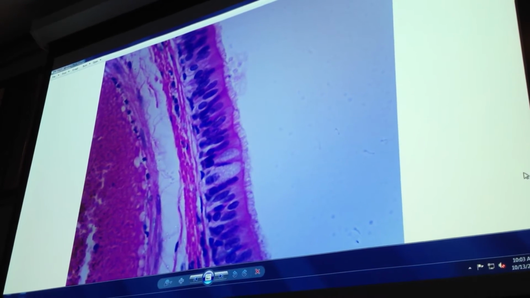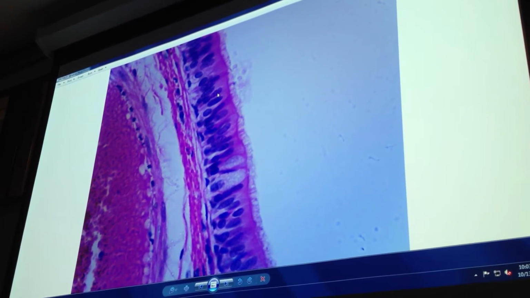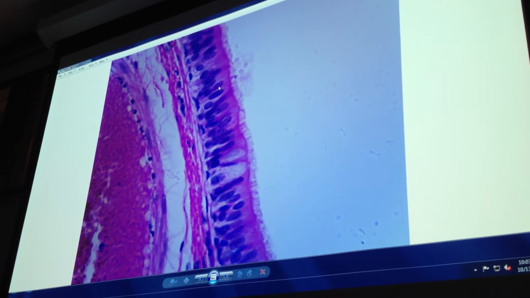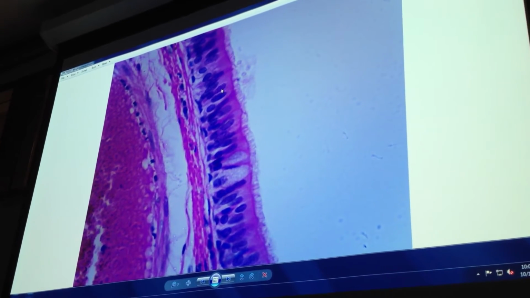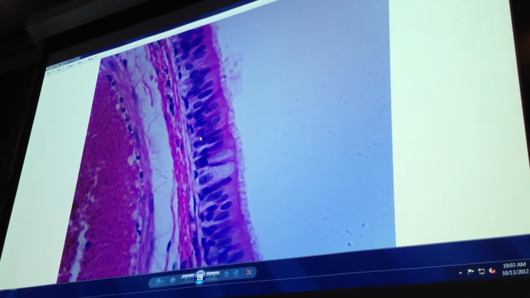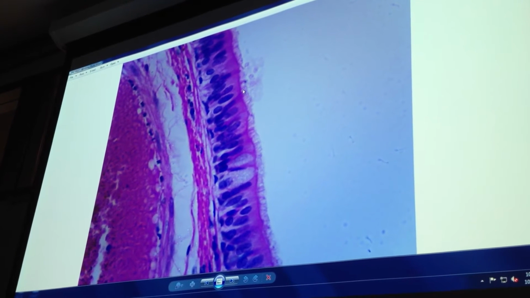Now if we look at that cell right there, cell type: columnar. Cell arrangement: pseudostratified, because notice the nuclei are all over the place. What's this up here?